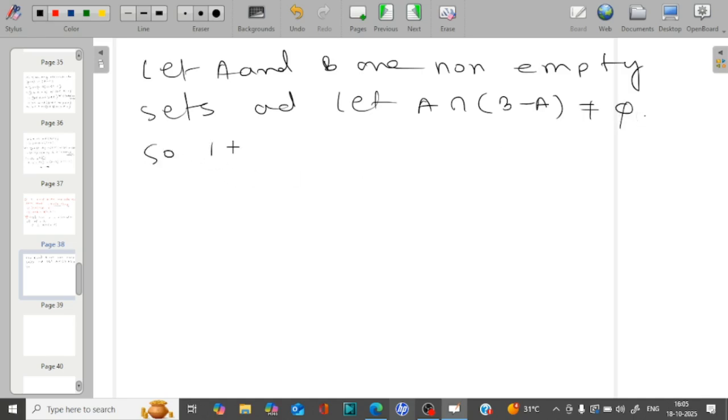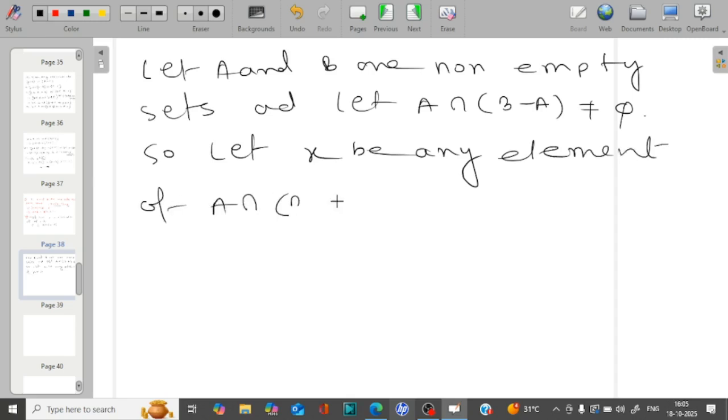So let X be any element of A intersection (B difference A). Okay, so here X belongs to A intersection (B difference A).